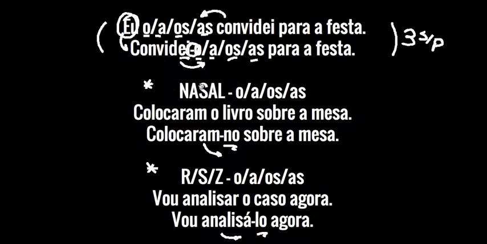In this case, when we have a verb ending with a nasal sound, so this would usually be the sound of the letter M or the letter N, as we have in here. When we use the pronoun after the verb, we need to make a change, and that includes the letter N before the pronouns. So, colocaram o livro sobre a mesa. They put the book on the table, over the table.